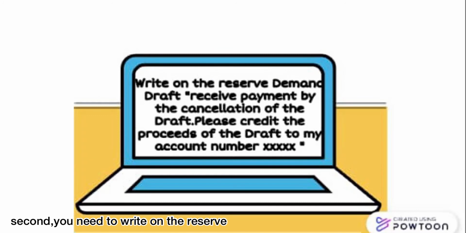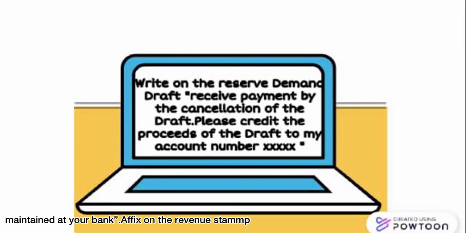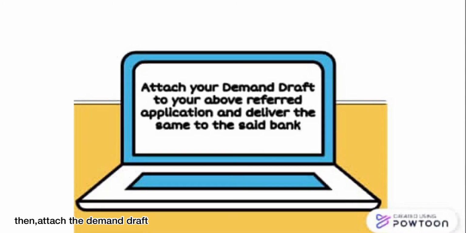Second, you need to write on the reverse of the demand draft, received payment by cancellation of the draft. Please credit the proceeds of the draft to my account number maintained at your bank. Affix a revenue stamp below the above writing and sign over the stamp. Then, attach the demand draft to your above referred application and deliver the same to the said bank.